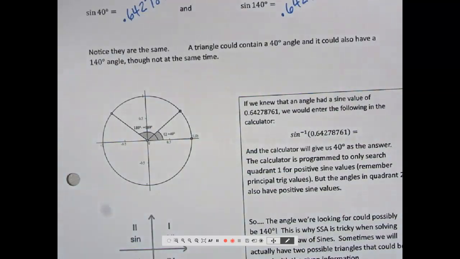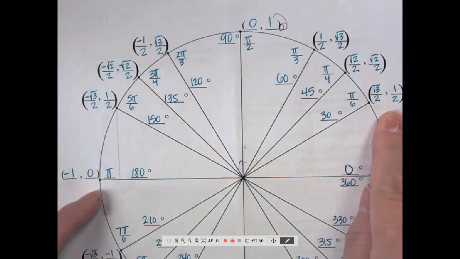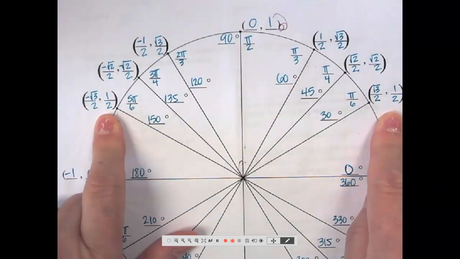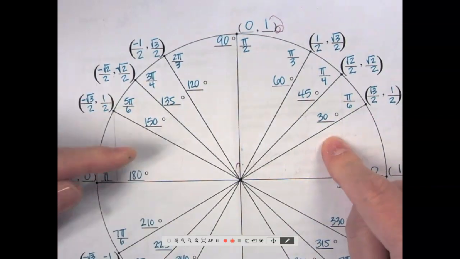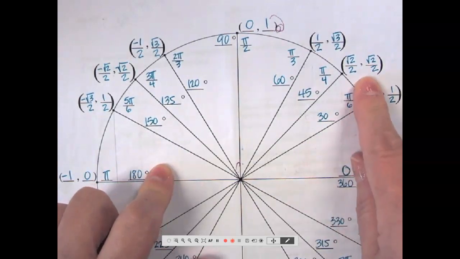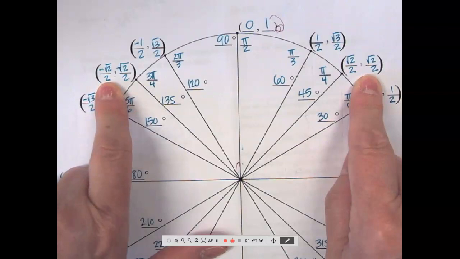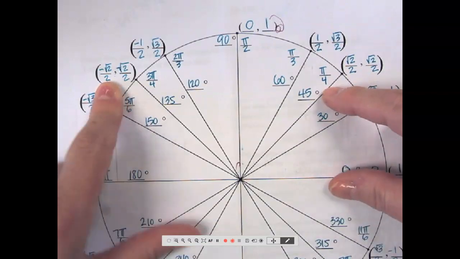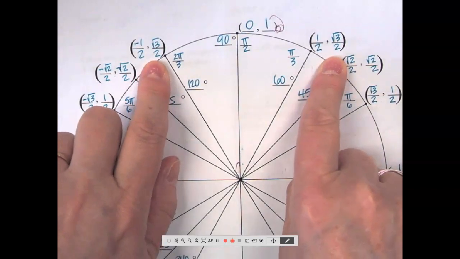Alright, so if we look on a unit circle, look at the sine of 30 versus the sine of 150. Aren't they the same? Okay, this is 30 and this is 30. Okay, if I go to 45 and 135, the sine values are the same. This is 45, this is 45. Sine values are the same right there.